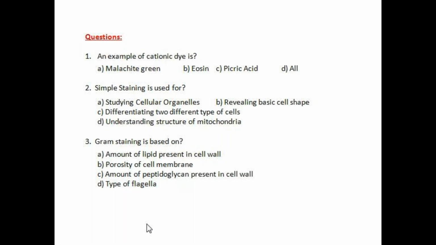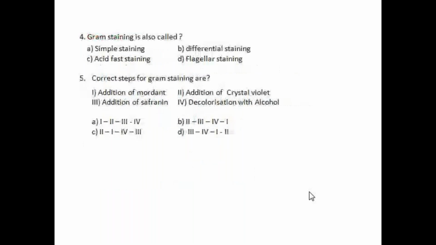Actually, the answer is the permeability of cell wall and cell membrane. Here in the answer, amount of peptidoglycan is the listed one, but actually the correct answer is the permeability only.